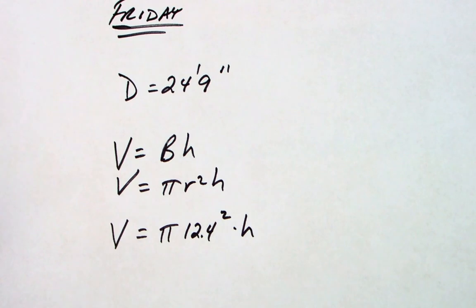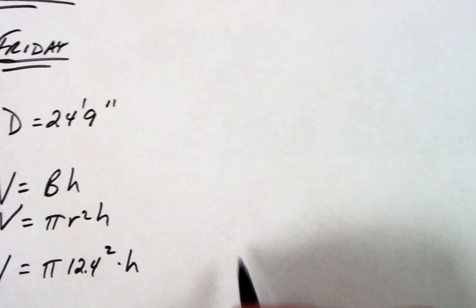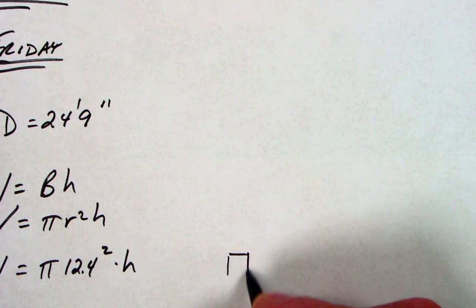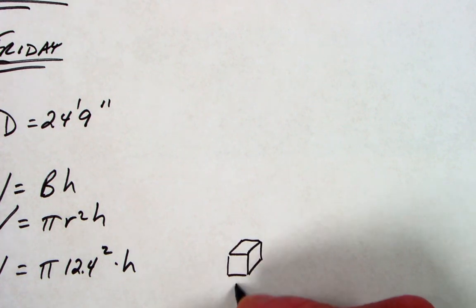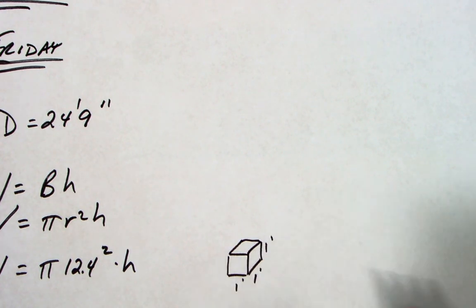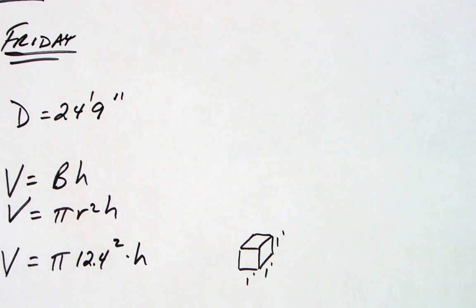So then we've got to ask ourselves, you guys might know this, I don't know if you do or not. I personally find it an amazing stat. If we have a cubic foot that's 1 foot by 1 foot by 1 foot, how many gallons does it take? If I use my hands here, 1 foot by 1 foot by 1 foot, take a guess. How many gallons? 2 gallons? 1.5? 3.